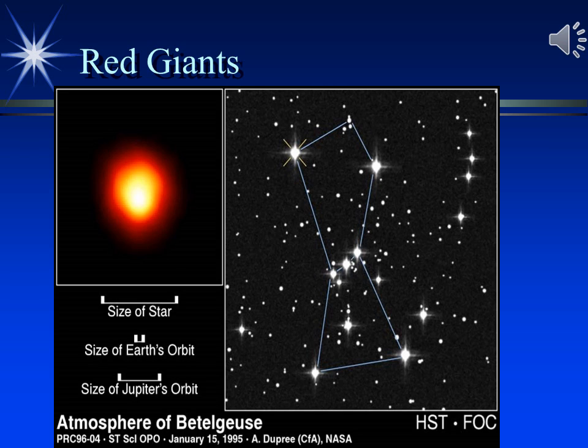That's not true for that red giant. This red giant, by the way, is called Betelgeuse, or in the original Arabic Betelgeuse, which means the house of nuts, nuts from a tree, not the other kind.